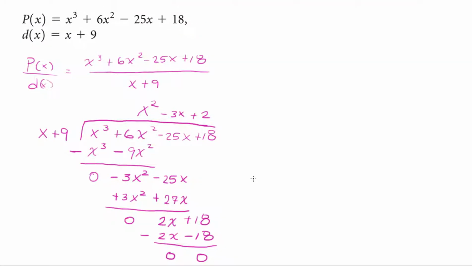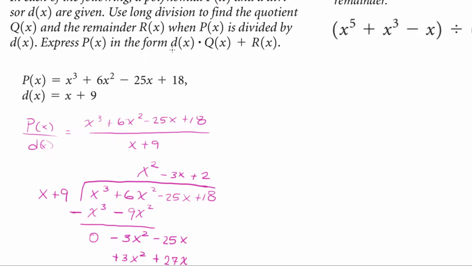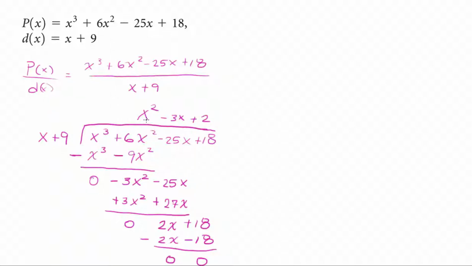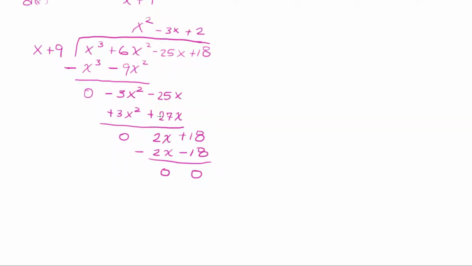So if I wanted to write it in the form d of x times q of x plus r of x, well, who's q of x? Q of x is this polynomial right here, x squared minus 3x plus 2. So I'm going to write that as q of x. And then r of x is the remainder, which is 0.